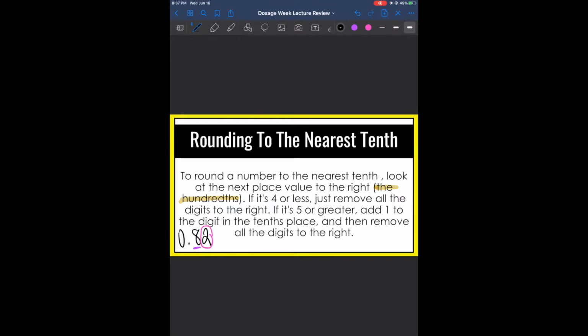So that would just become 0.8. But say the number was 0.89. Again, you want to round to your first number, so we're basing how we round on the second one. And because it's 5 or greater, you just add 1 to that number that's in your 10th spot, so it becomes 0.9.